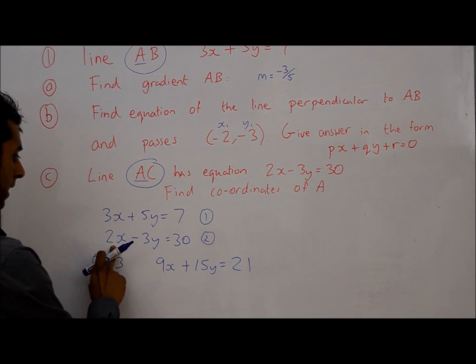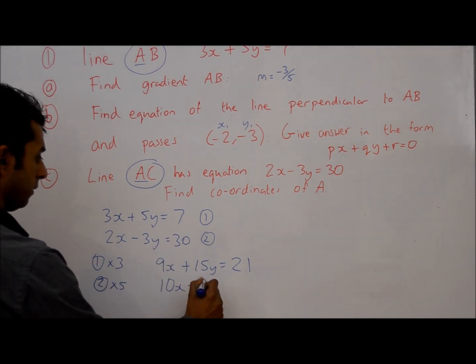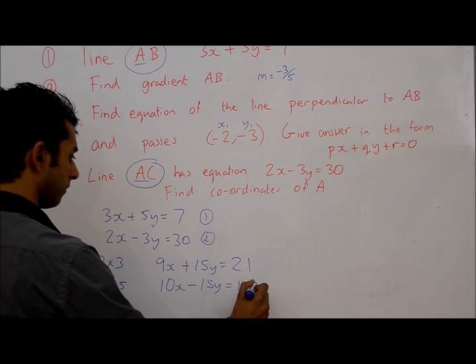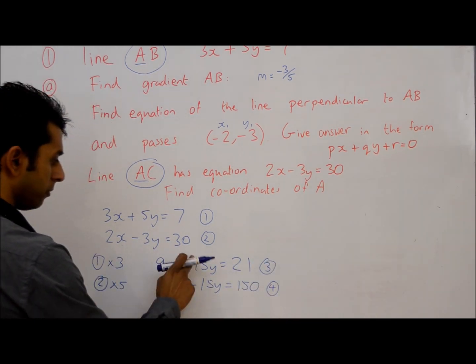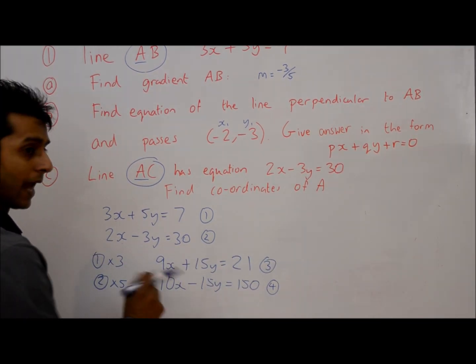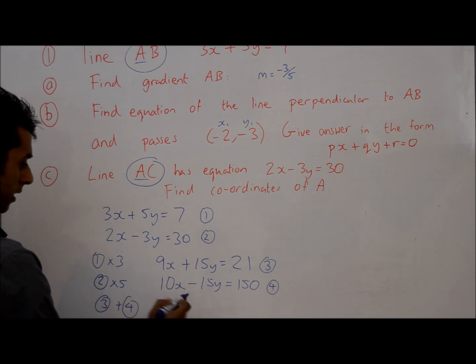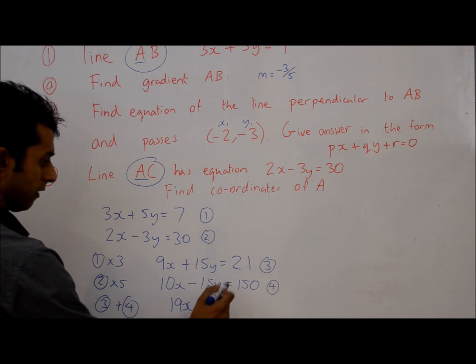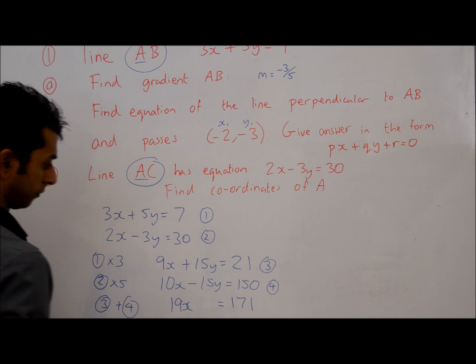So that's 10x, and that's going to be minus 15y, and times that by 5 is 150. So we'll call this equation number 3 and equation number 4. Now we have the same number of y's, but the signs are different, so we're going to add them. So we're going to do equation number 3 plus equation number 4. So that gives you 19x. Those two cancel each other out, and this equals 171.